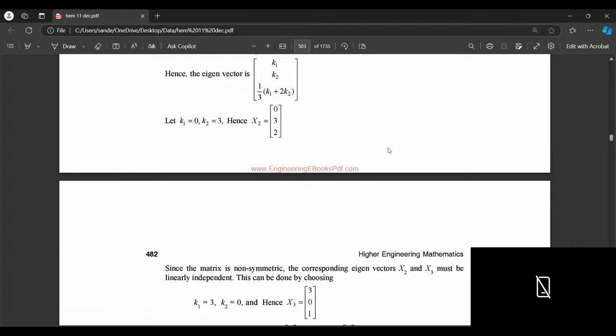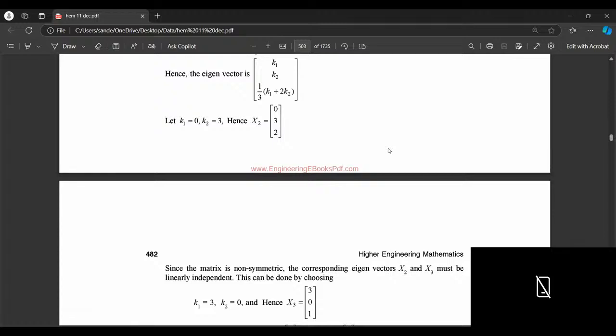You see, if the symmetric matrix with repeated roots, if for repeated roots, if we put that repeated eigenvalues in that system of equations, definitely you will get three equations which are same.